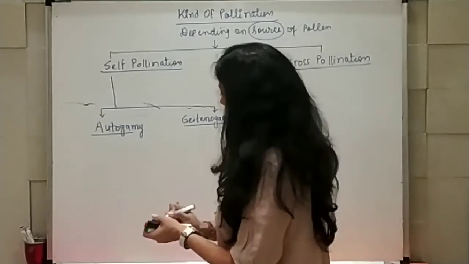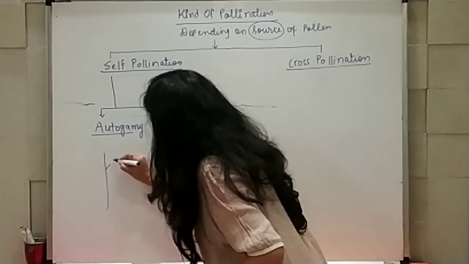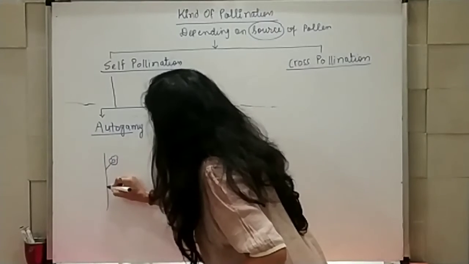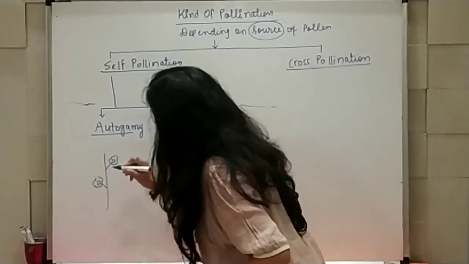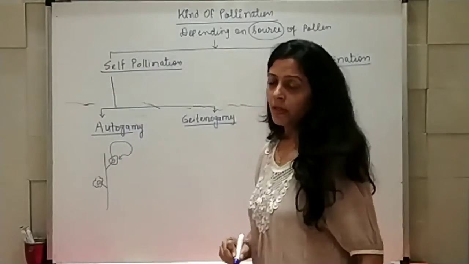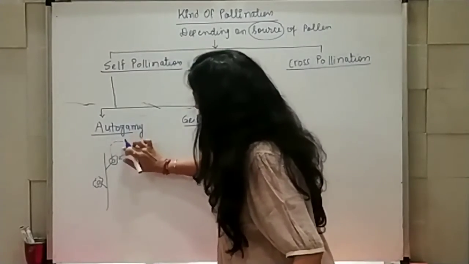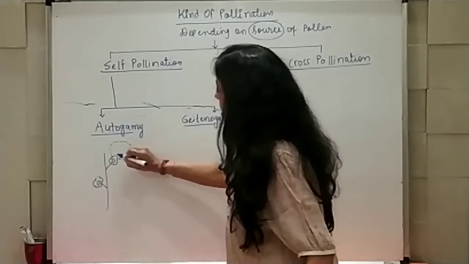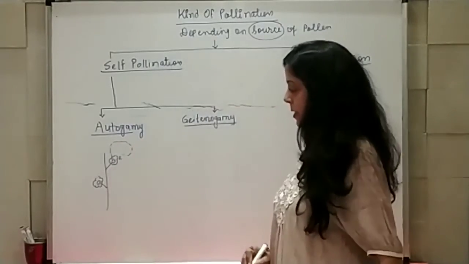So in autogamy, I can show you a flower here, but pollination happens within the same flower, right? So that is known as autogamy.